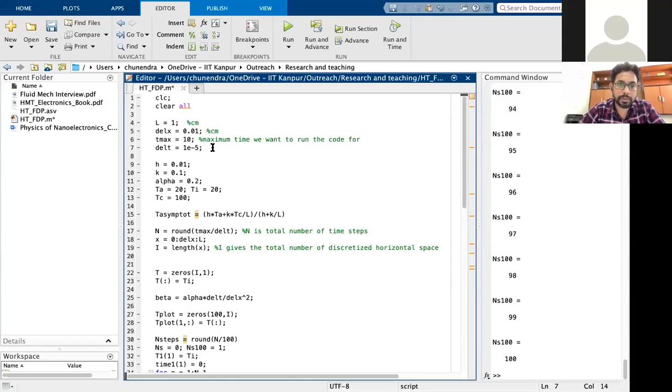Okay, so that is 10 to the power minus 5, or let's call it delta time. And then that is the heat transfer coefficient, and then thermal conductivity.